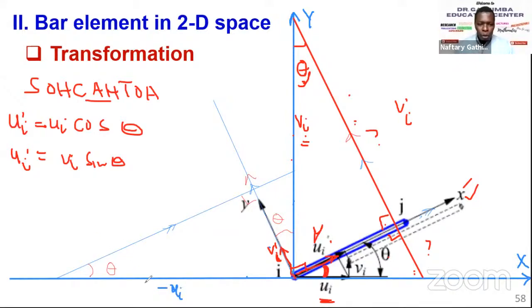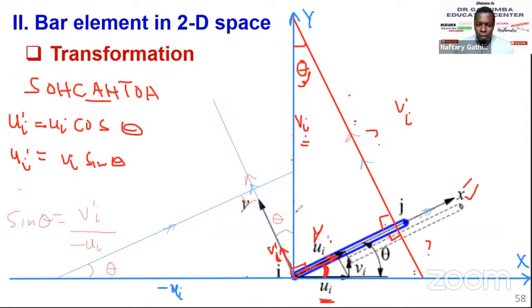So you use sine. So sine theta in this case will be equal to v prime i over minus u i. Now here you can see we have resolved this v prime i in the global coordinate system, the horizontal. We have gotten the horizontal component.